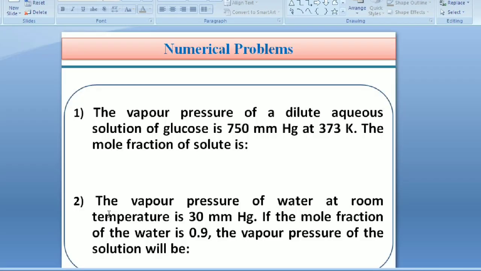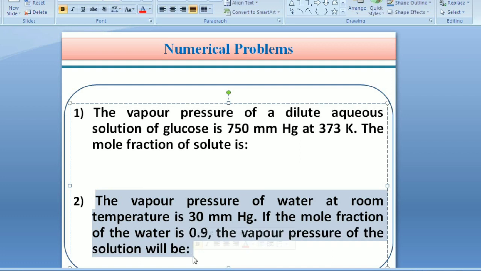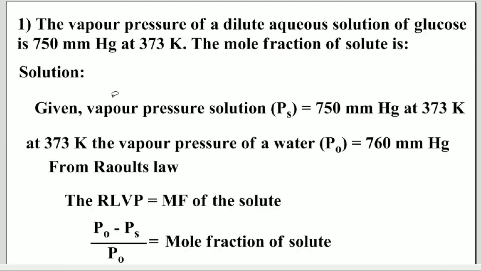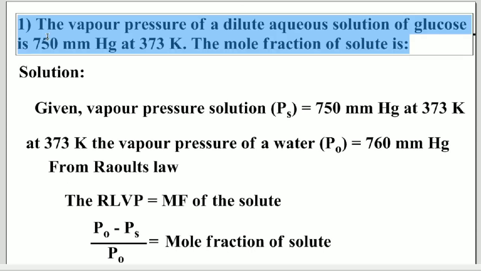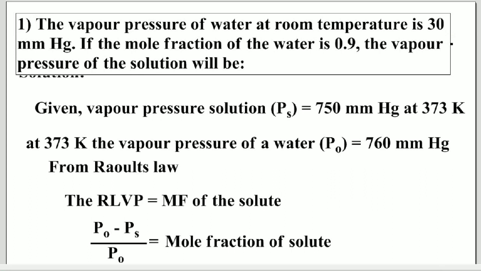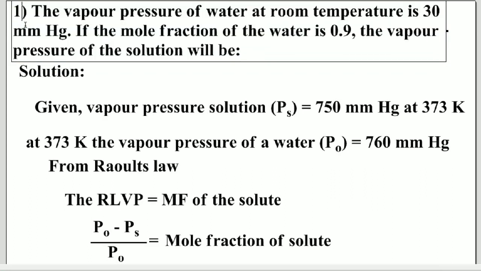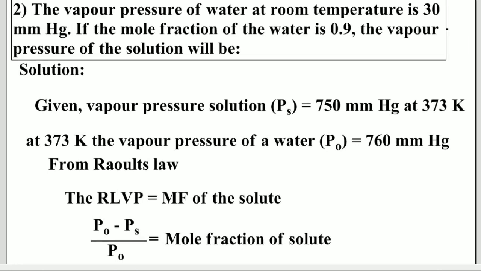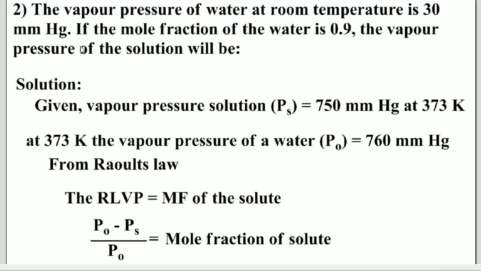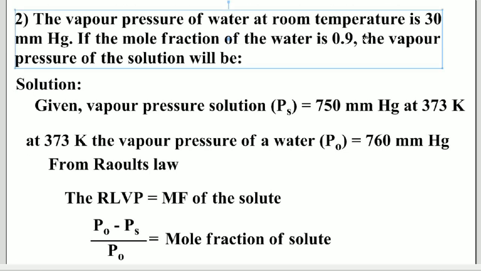The given problem is the vapor pressure of water. This is problem number 2, students. So students, the vapor pressure of water at temperature is 30 mm Hg.